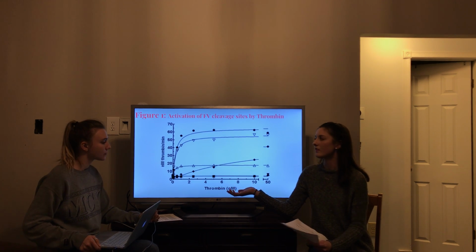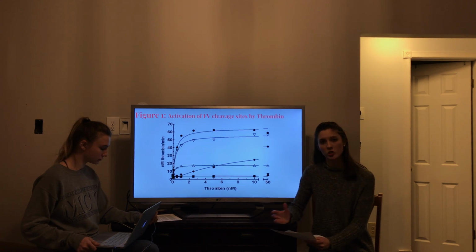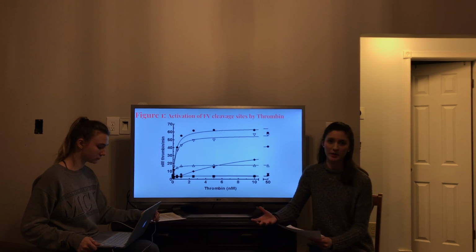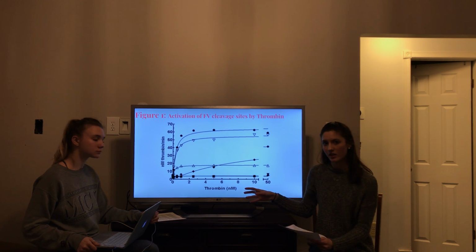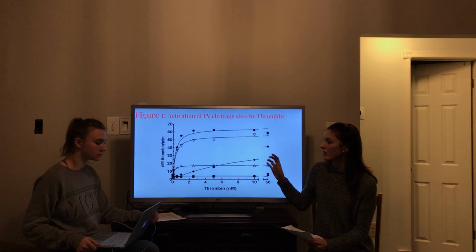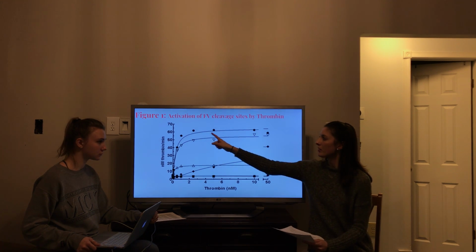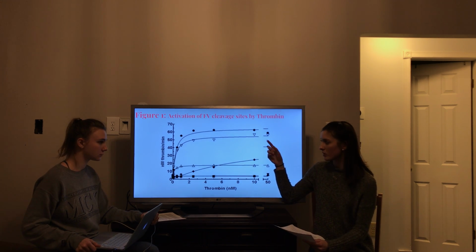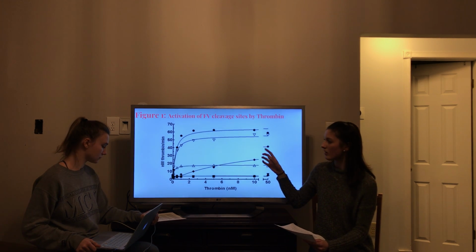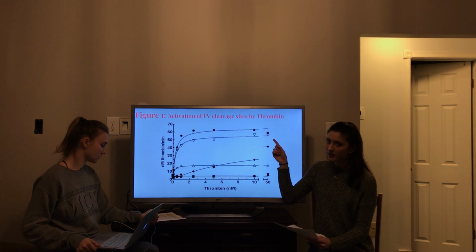So figure 1 is the activation of factor V cleavage sites by thrombin. This was their initial test just to get an idea of what they're working with. Each of these lines depicts the different variants that they created for factor V. The key importance for this first trial was that this upper line denotes their wild type factor V, and just below it, which means it has pretty much the same activity of factor V, is the RIR variant.